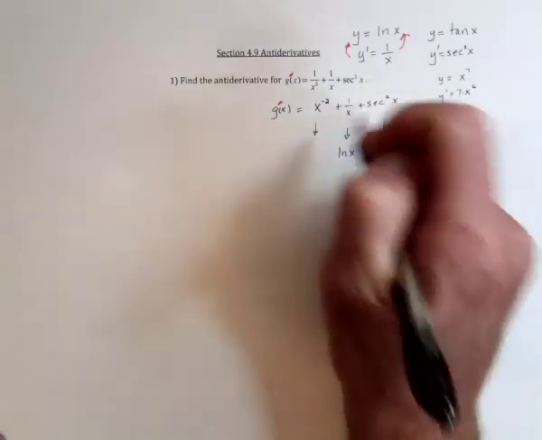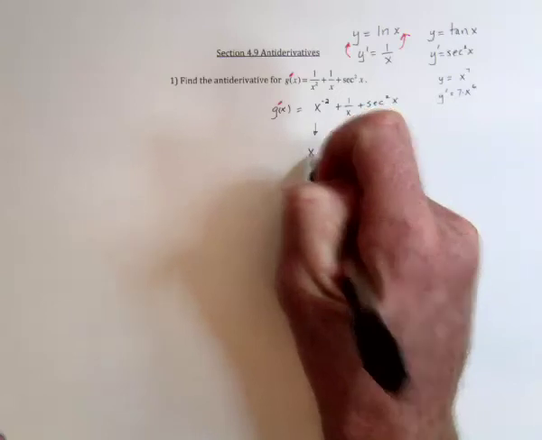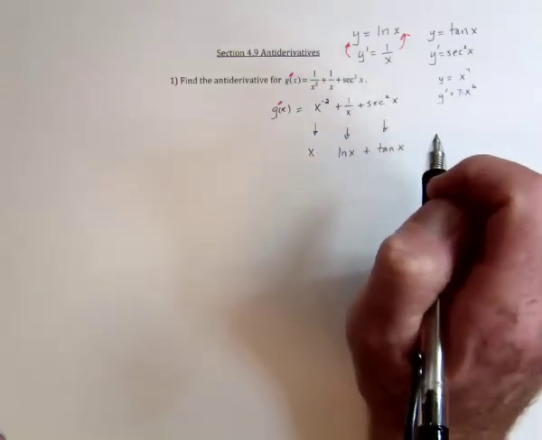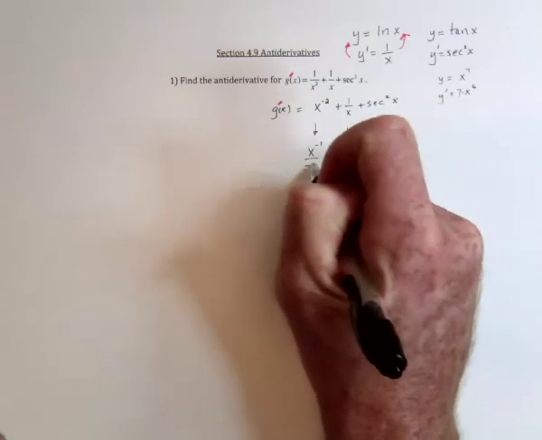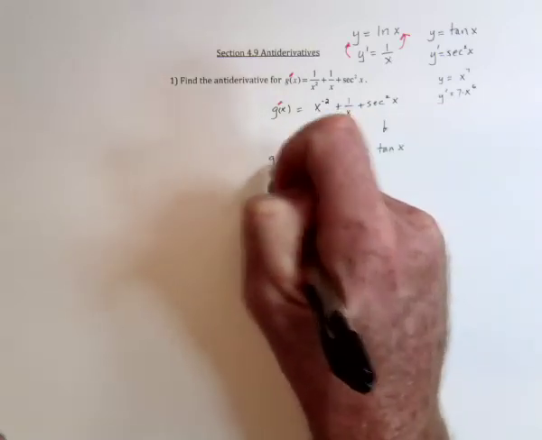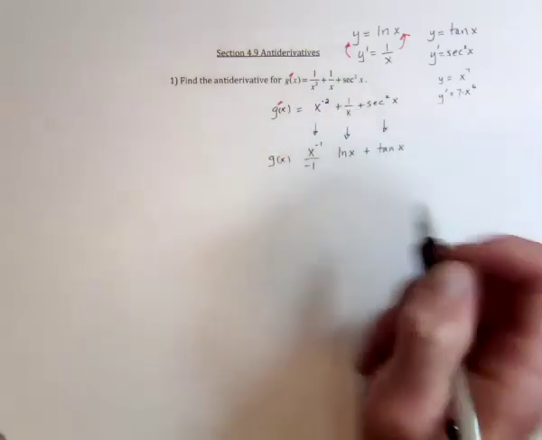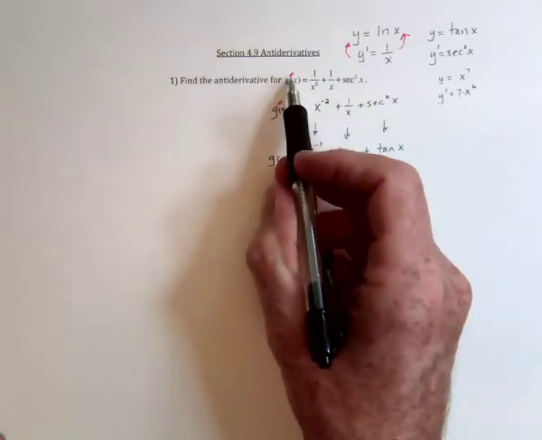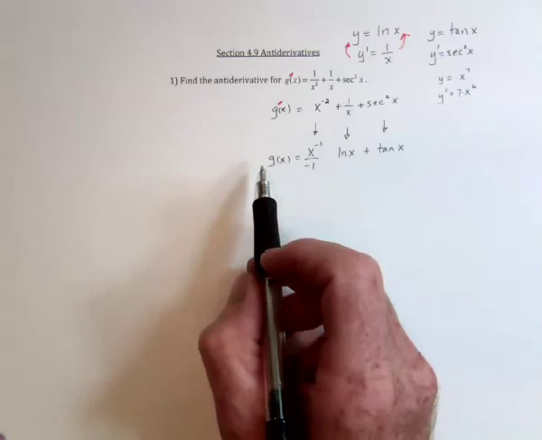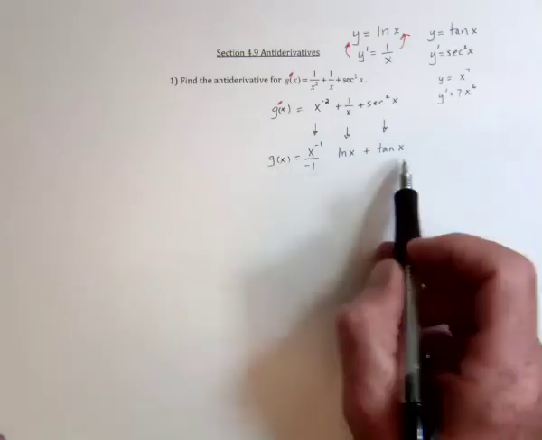So this one is going to be x to the, no, add 1 to the exponent, and then divide by that number. So I'm officially changing that to say the g prime is equal to this, and then the original function g is equal to this.